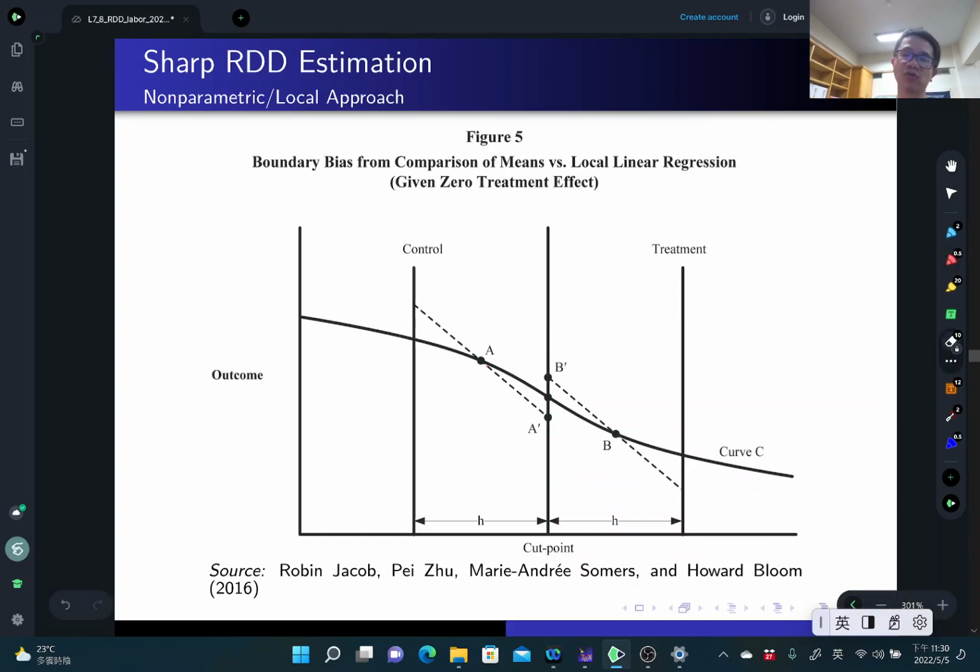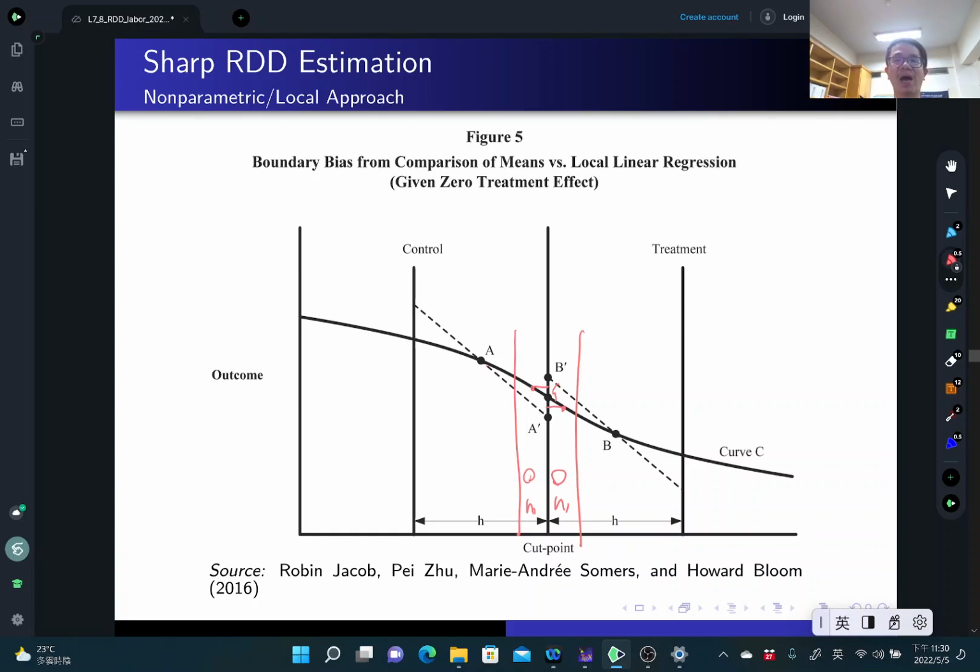This is because you have too large a bandwidth. If you reduce your bandwidth to here, H1, a smaller bandwidth, that will give you a better estimate, and then the averages will become these. So the estimated discontinuity will become smaller. But there's a trade-off. If you use a small bandwidth, you may not have enough sample size around the cutoff, or you may not even have any individual just around the cutoff.